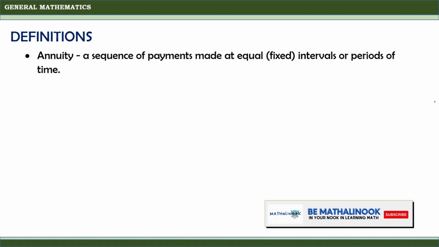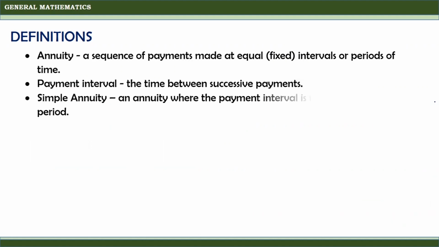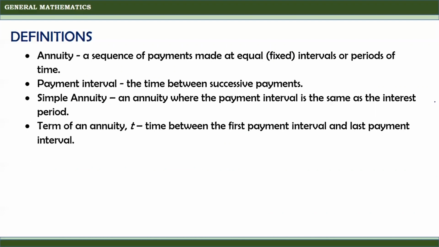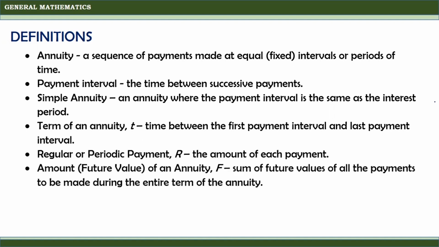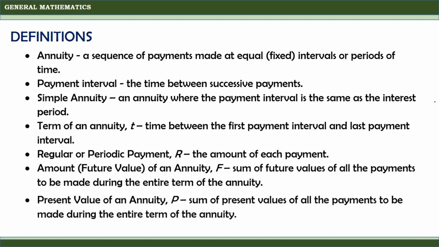In the previous videos, we have defined the following terminologies used in this discussion: the annuity, the payment interval, the simple annuity, the term of an annuity represented by T, the regular or periodic payment represented by R, the amount or future value of an annuity represented by F, and the present value of an annuity represented by P. Moreover, in the previous videos, we have discussed how to find the future value and the present value. For this video, we will be discussing how to find the value of the regular payment.